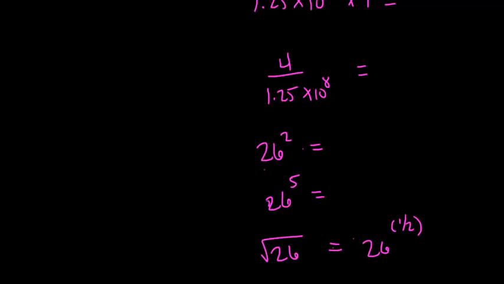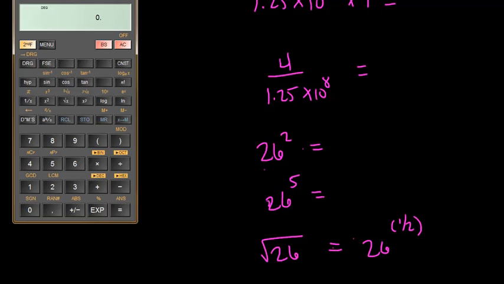So you can figure out the square root of something even if you don't have a square root button on your calculator. In this case, we would do 26, click the x to the y button, and now use your parentheses, 1 divided by 2, which is 0.5, we click equals, and this gives us the square root of 26.